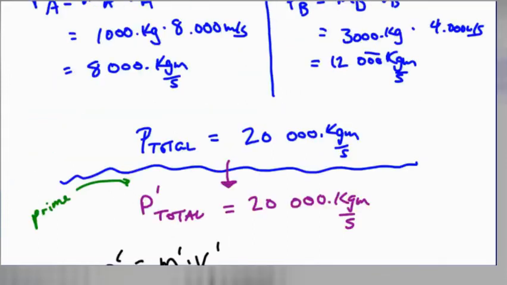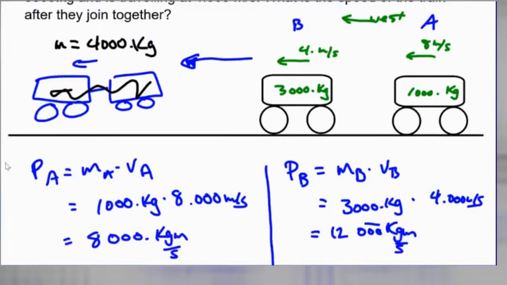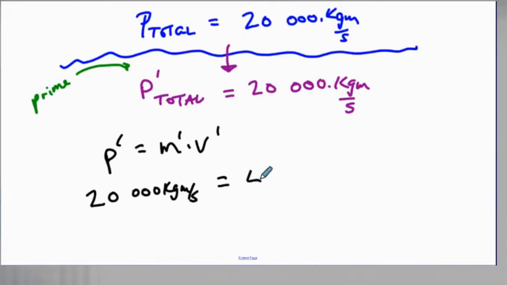Because these two cars are hooked together, we have a mass of 4,000 kilograms times the new velocity.